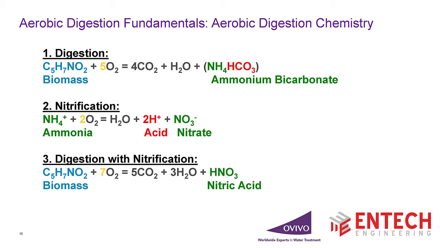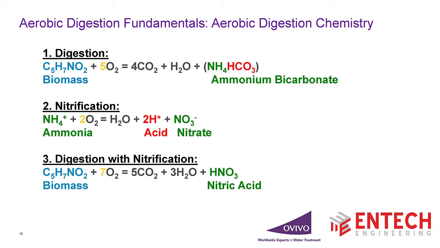Now, ammonium bicarbonate, ammonia. With the conditions we have in the aerobic digester, we almost certainly will either have present or will grow nitrifying bacteria, which then take the ammonia, and this is the second equation, and convert that ammonia into an acid, nitric acid, which at the pH that we have in the digester dissociates.